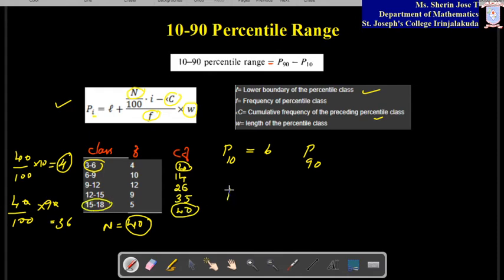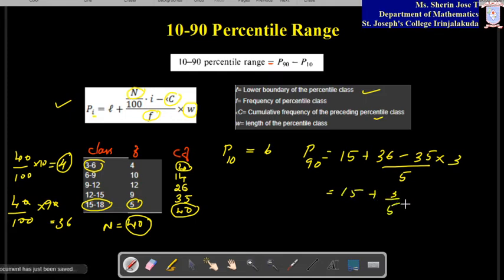So your P90, sorry, here already we have written P90. P90 equal to lower class, lower value is 15 plus this value, that is 36, minus just preceding cumulative frequency, that is 35. So 35 divided by frequency. Frequency of this class is 5. So divided by 5 into length is 18 minus 15, that is 3. So this is equal to 15 plus 3 by 5. So this is equal to 15 into 5 plus 3 by 5.